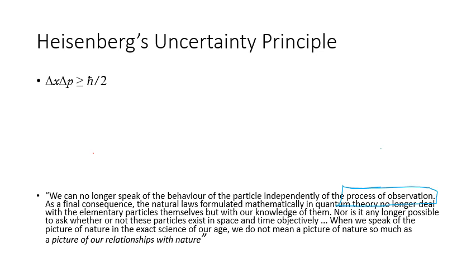Before we did the observation, it was doing all sorts of things, had all sorts of different possibilities, but all those possibilities collapse when we make an observation. So by making an observation, we change our relationship with nature. So our physics is producing a picture of our relationship with nature, rather than necessarily producing a picture of nature. And Heisenberg got there by thinking through his uncertainty principle.